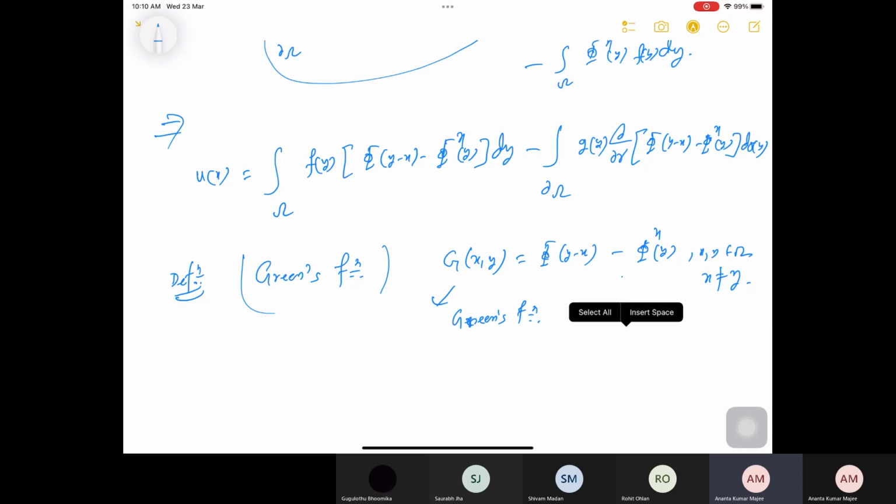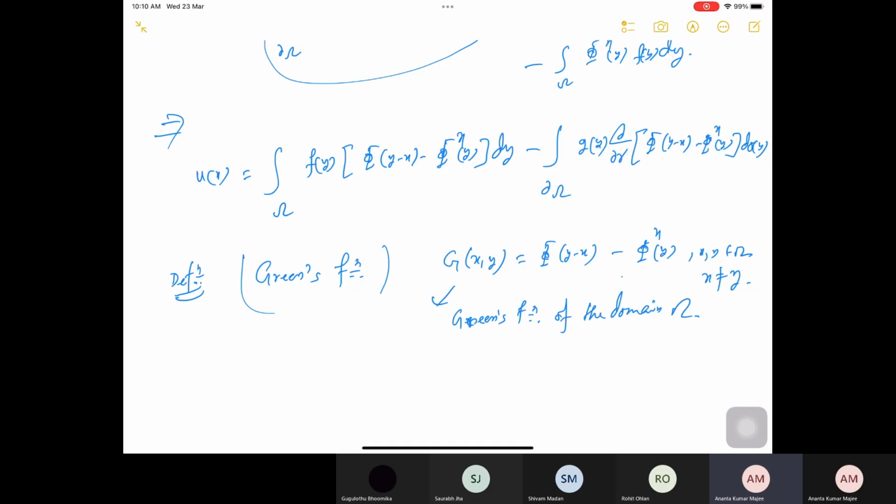As long as you find the Green's function for omega, the Green's function of the domain, it depends on your domain omega. But how do we find the Green's function?